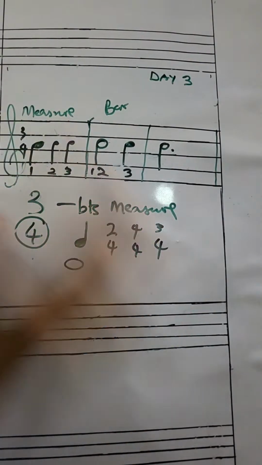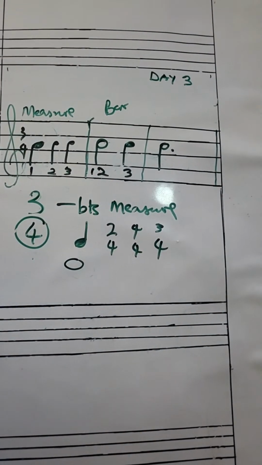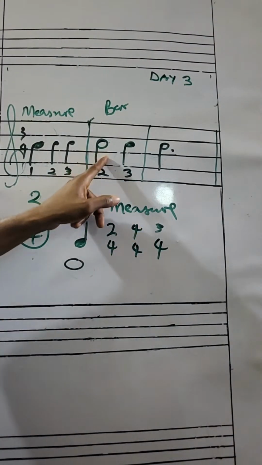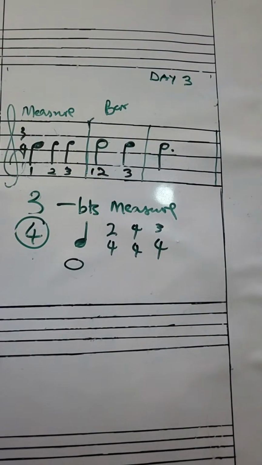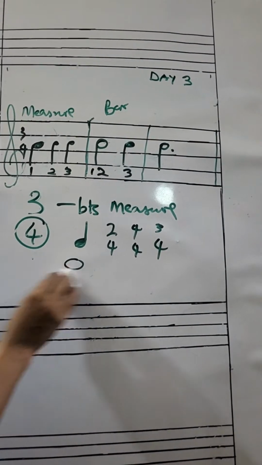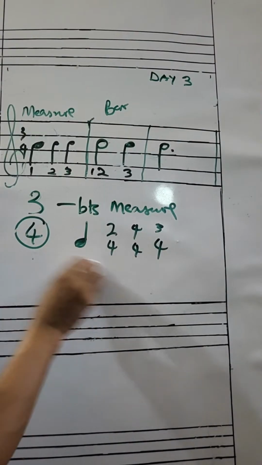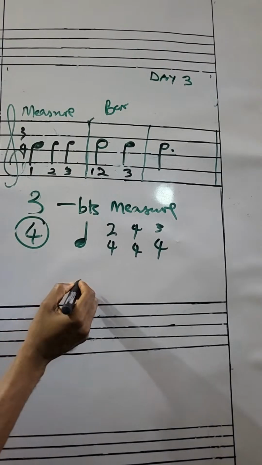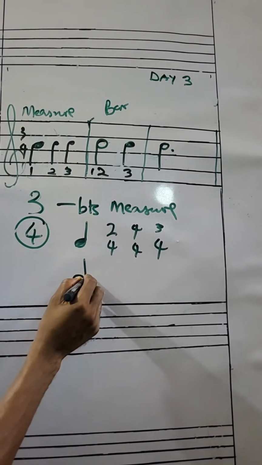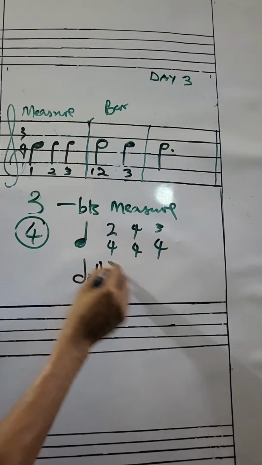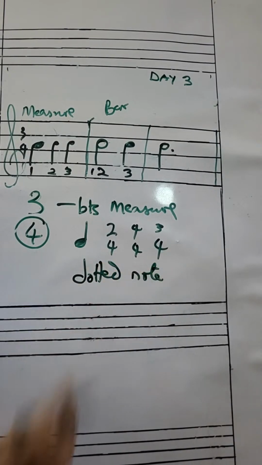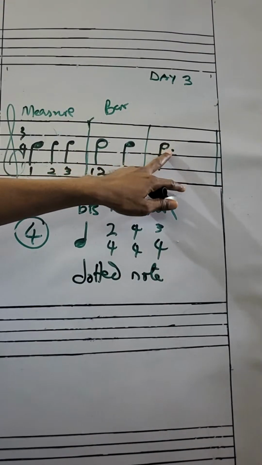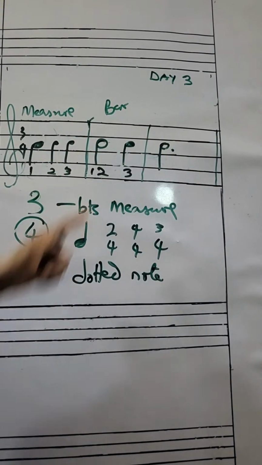Now, before you get confused, why is this one counted 3 when we have just one half note in the bar? A dot placed after a note adds half the value of that note to it. That is called a dotted note. You can see that after this note there is a dot. So this dot adds half the value of this note.